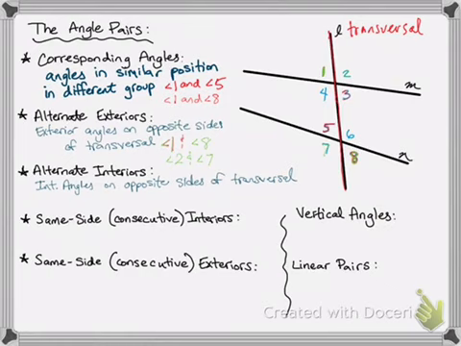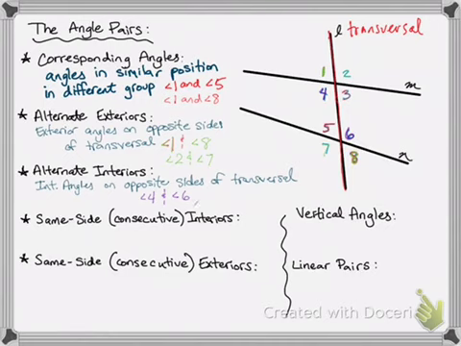How about purple? All right, so I'm looking at interior angles. Maybe angle 4. And I'm looking for an angle on the opposite side of the transversal and still interior. I can't say 3 because that's a linear pair. But I could say 6. Angle 4 and angle 6 are on opposite sides of the transversal and they're both interior. So angle 4 and angle 6.